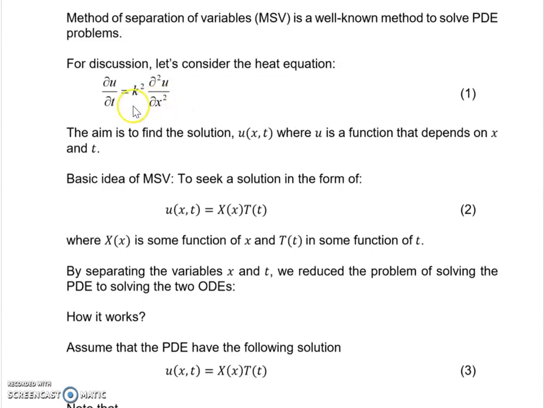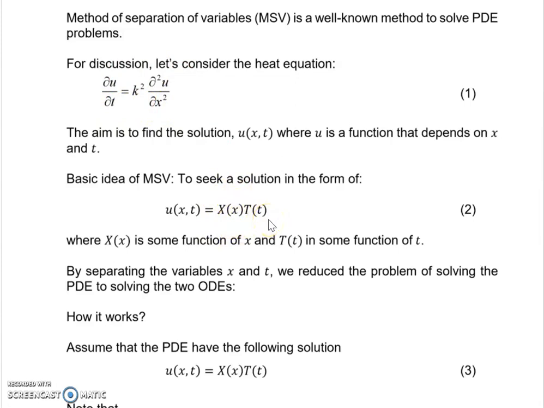The same thing here: you are given a differential equation in terms of u and t, also in terms of x. By solving this, you are finding the equation for u in terms of x and t, because the PDE involves more than one independent variable. So the final answer should be in the form of X times T.